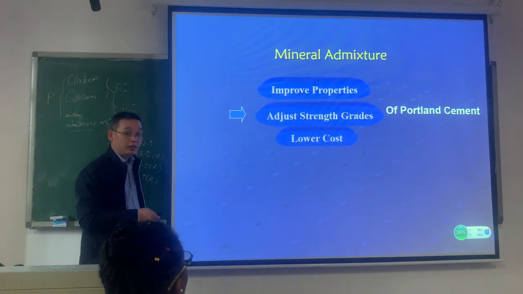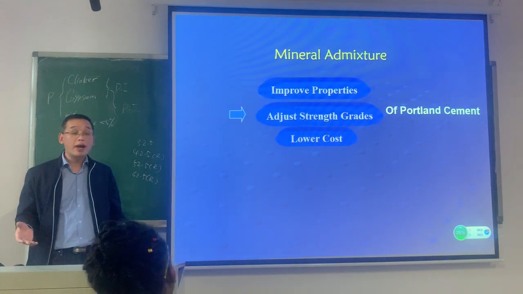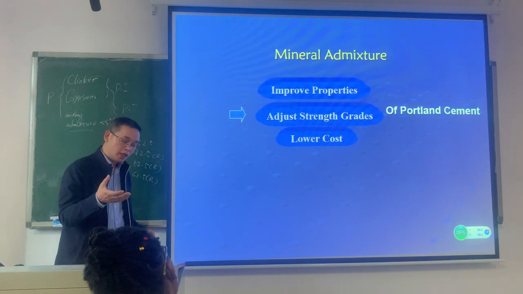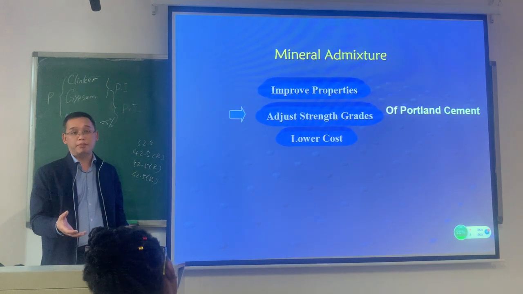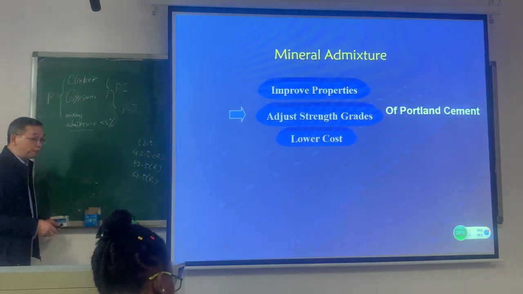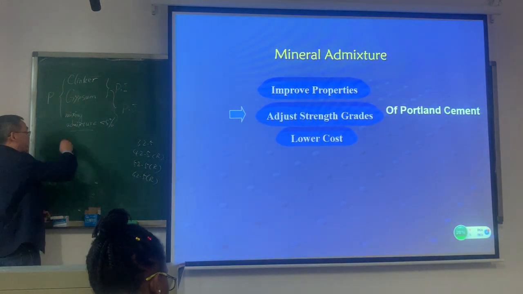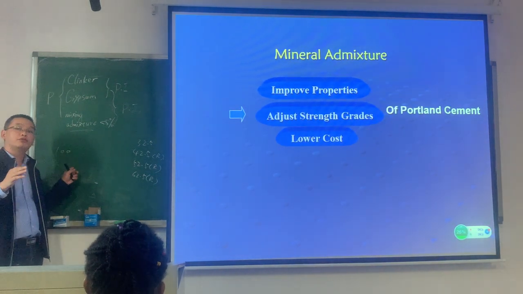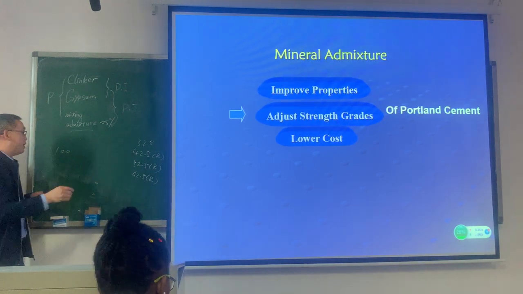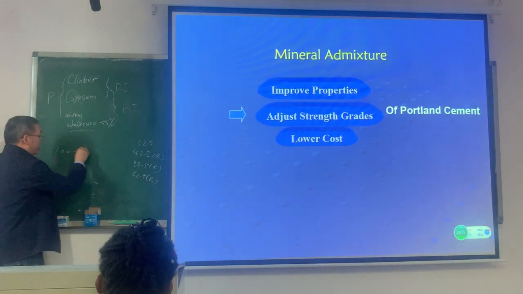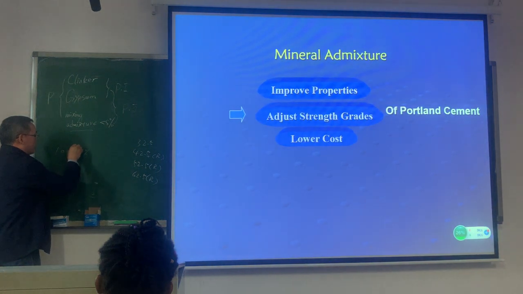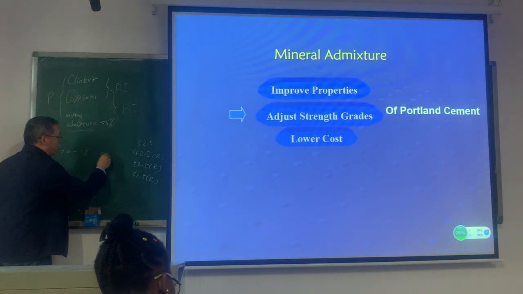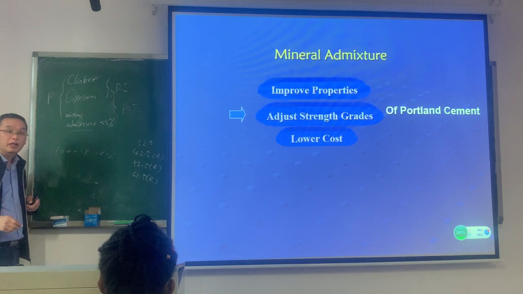And then, lower cost. How do we lower cost? Why do we add the mineral admixture? We can lower the cost of the cement. If the clinker is 100, if we just use it for the production of Portland cement, maybe we can add about 3% gypsum and below 5% admixture.